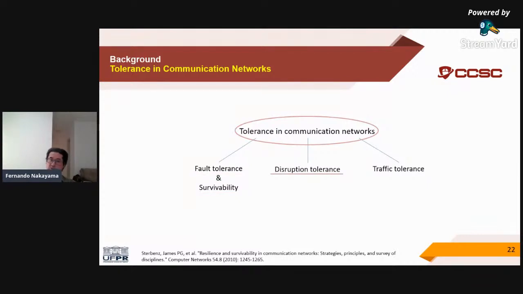Disruption tolerance deals with irregular connectivity issues such as erratic channel connectivity, mobility-related issues, and power shortages. And traffic tolerance is the ability of a system to tolerate an unpredictable traffic load without a significant drop in the carried load. Traffic challenges can be legitimate, such as a flash crowd, or they can be malicious, such as from a distributed denial of service attack.